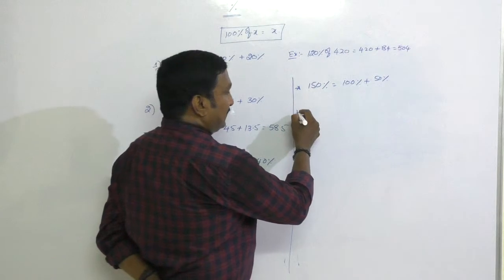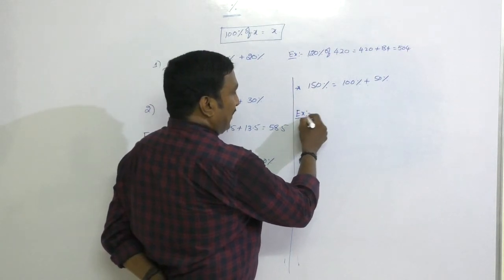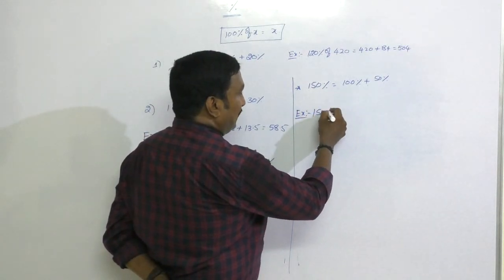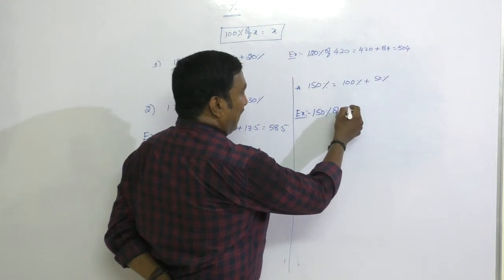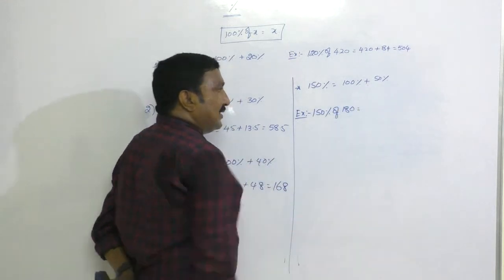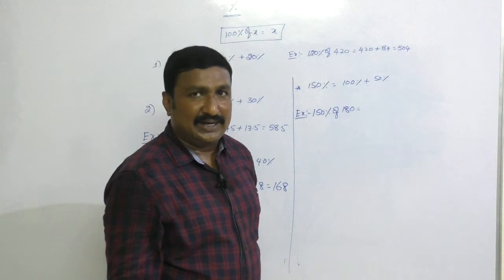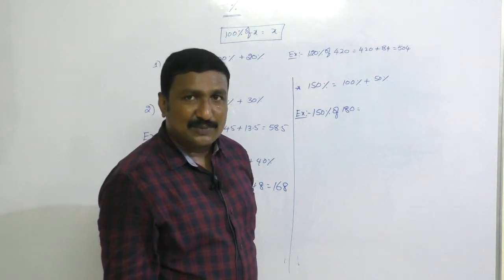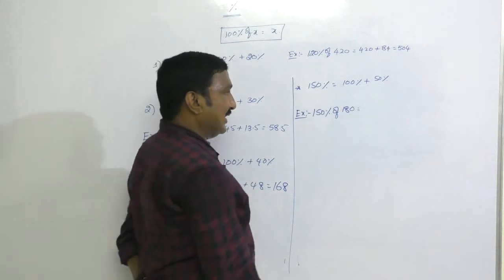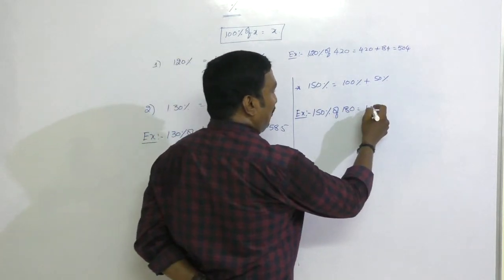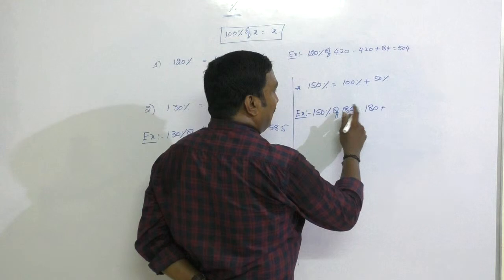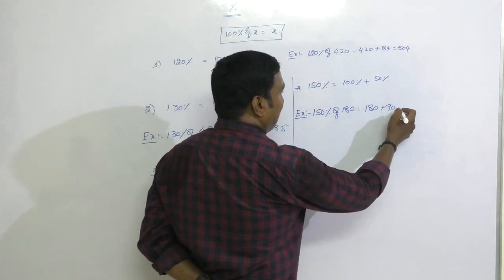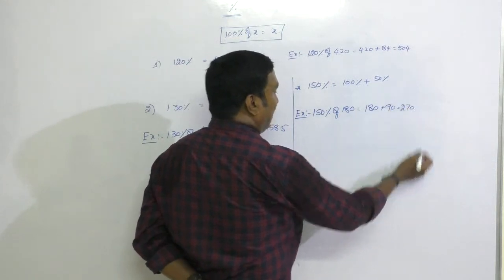For example, 150% of 180. 150% can be written as 100% plus 50%, where 100% is equal to 180 and half of 180 is equal to 90.